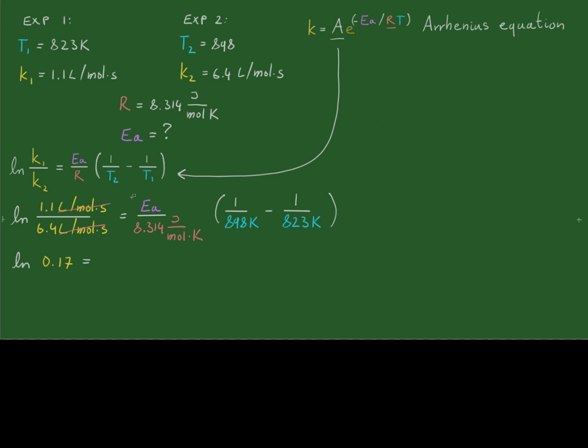And I'm just going to take a shortcut and copy this and place it down here, because I want to focus on the bracket first. So in the bracket we have 1 over 898, which is 0.0011, and the unit is per Kelvin, because we've divided by Kelvin as well, minus 0.0012 per Kelvin.